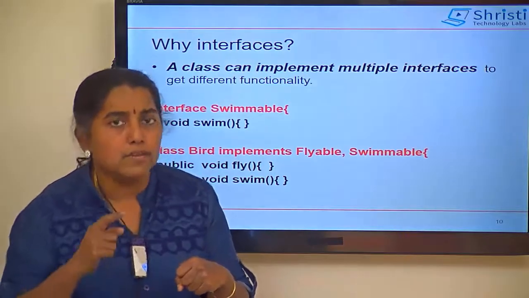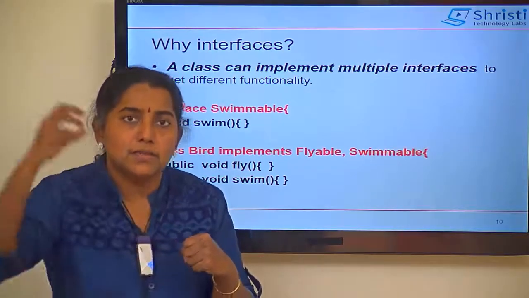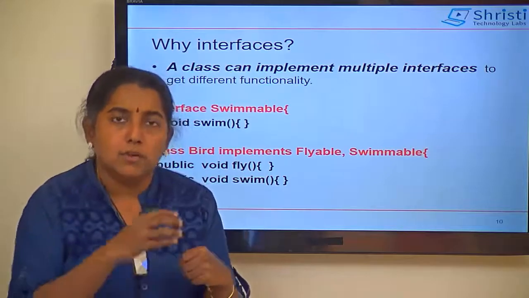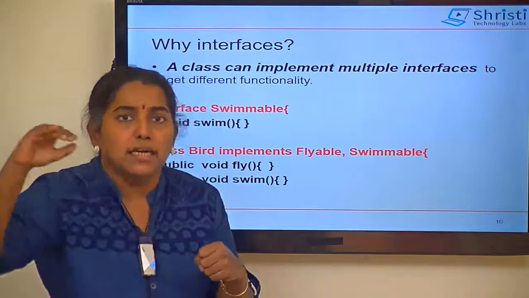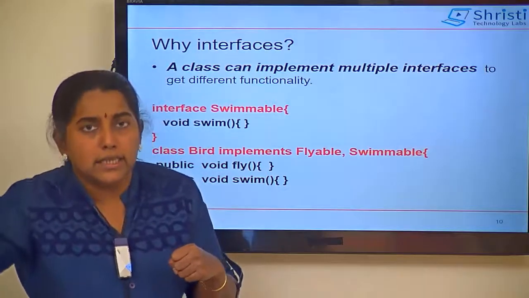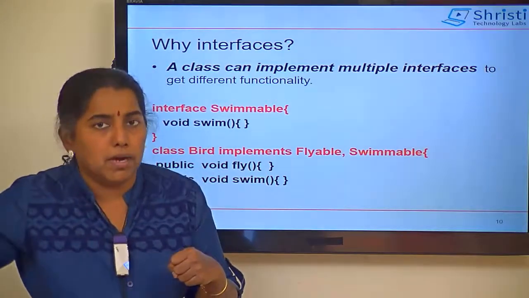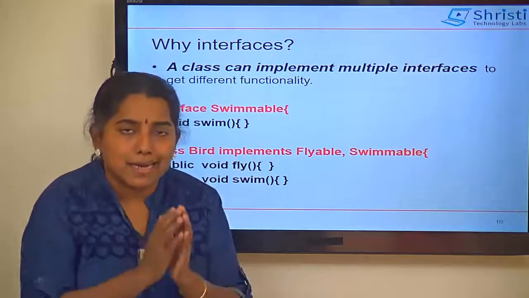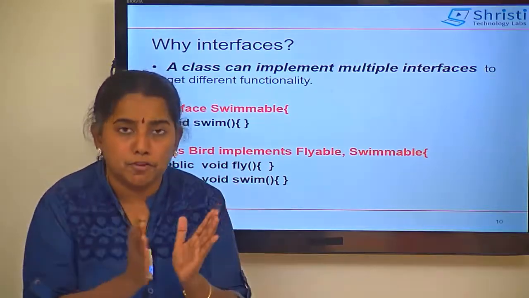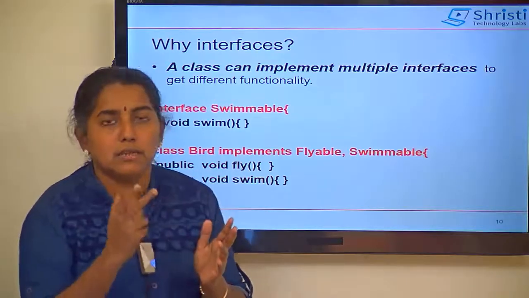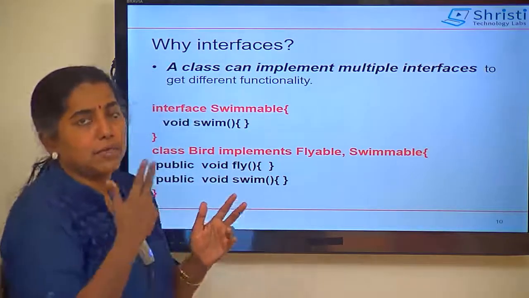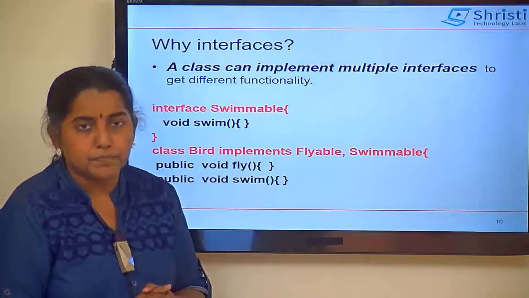That is also not relevant. He just wants to use those functionalities. So what can I write? Class Employee implements Transport, Training, Recreation, Sports. So when a class wants to use multiple functionalities, we need an interface. So these are the two main criteria why we are going in for an interface.